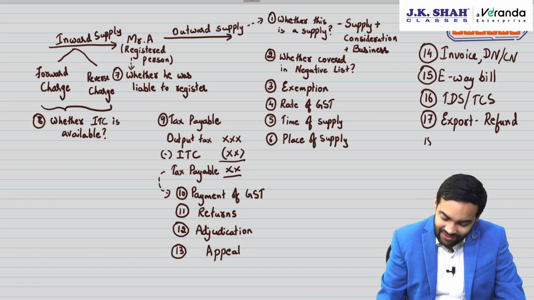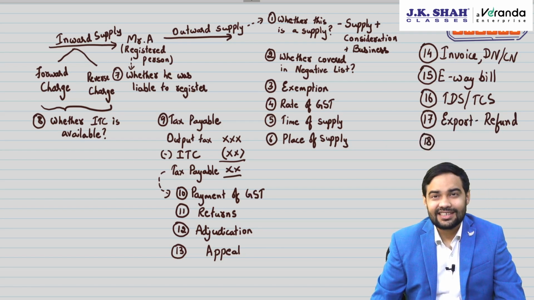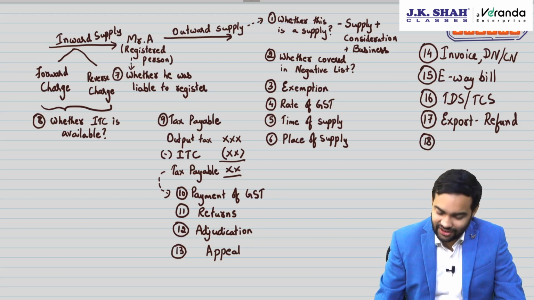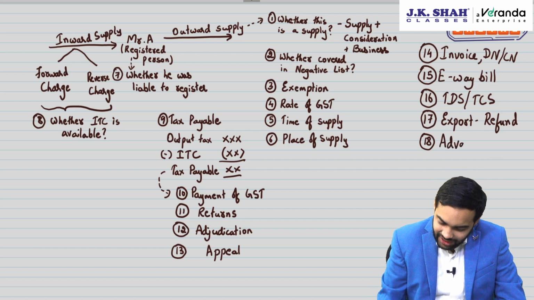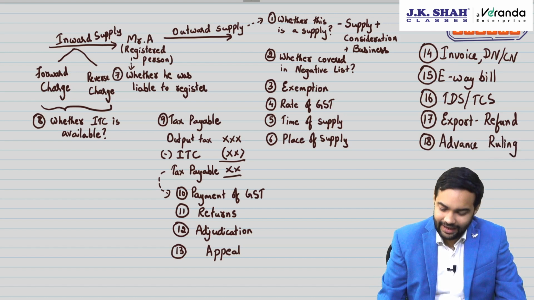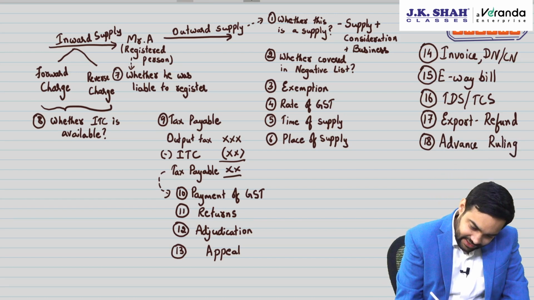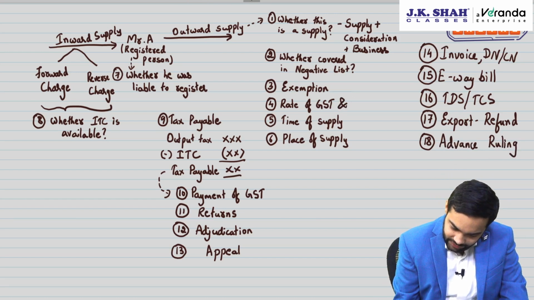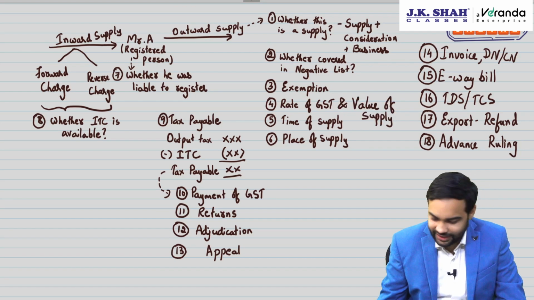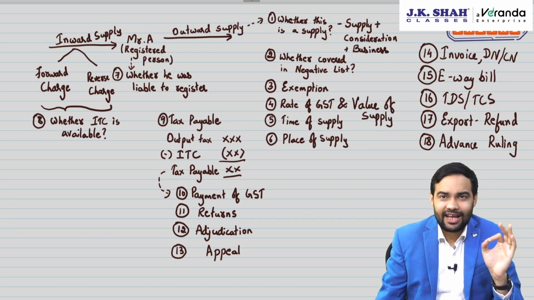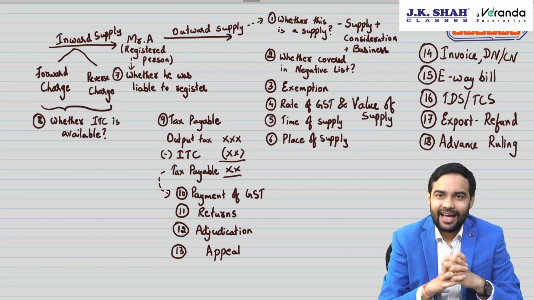Thereafter, if we have a confusion, if we are not able to find what will be the tax implication, then we can apply for advance ruling. And with rate, one important topic which we will always do is value of supply, because at the end of the day it is important to understand on what value the tax will be applicable.